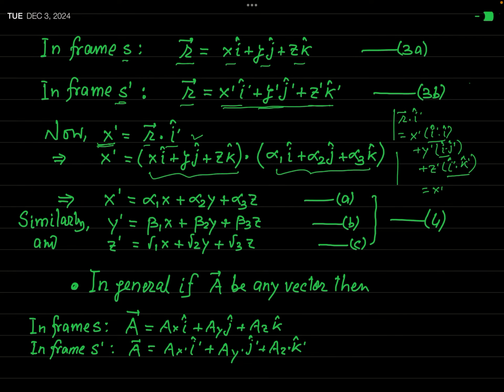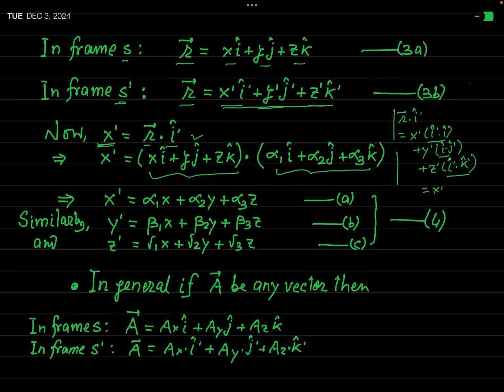Now in a scalar product, i, j, k are orthogonal unit vectors, so i dot i, j dot j, k dot k will be 1. But whenever we take the scalar product of i with the other vectors j and k, or j with i and k, or k with i and j, all will be 0.